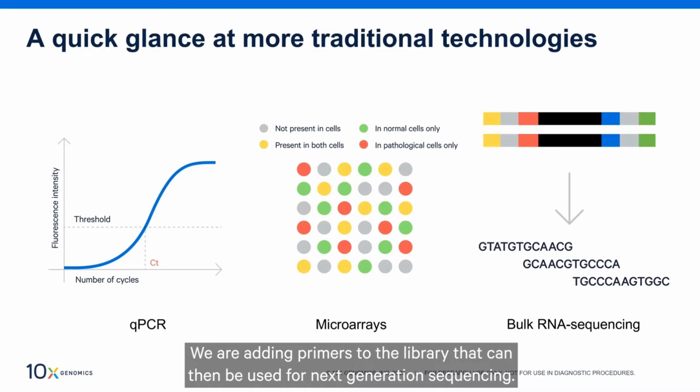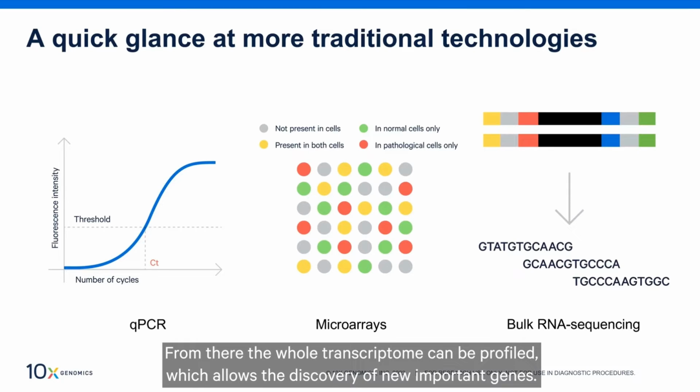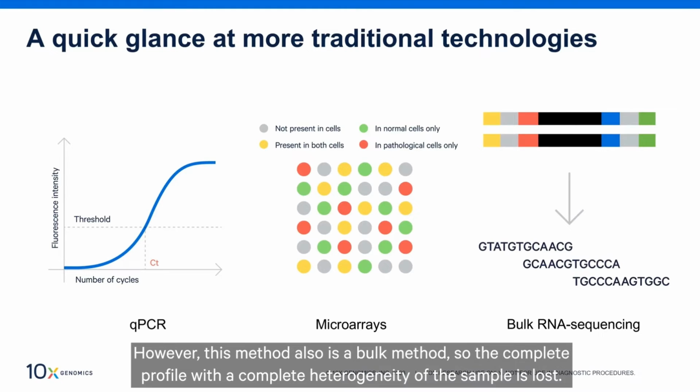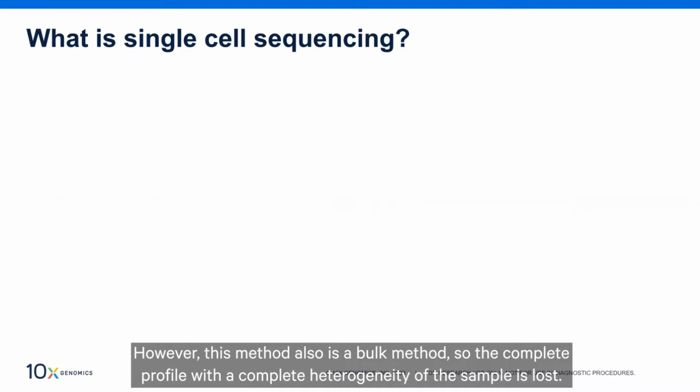And then we add primers to the library that can be used for next generation sequencing. From there, the whole transcriptome can be profiled, which really allows the discovery of new important genes. However, this method also is a bulk method, so the complete heterogeneity of the sample is lost.